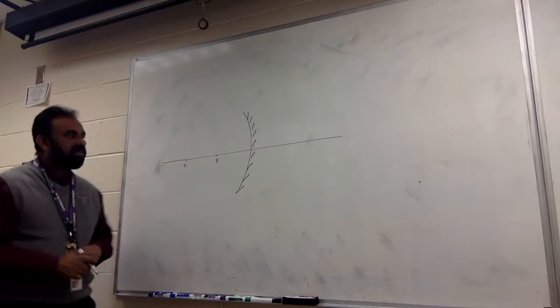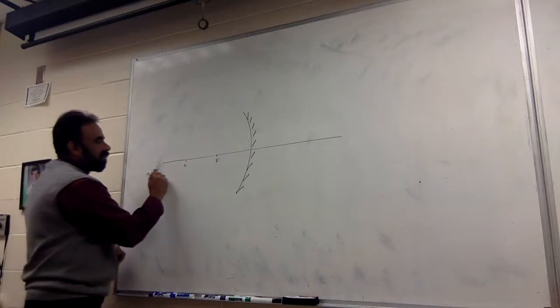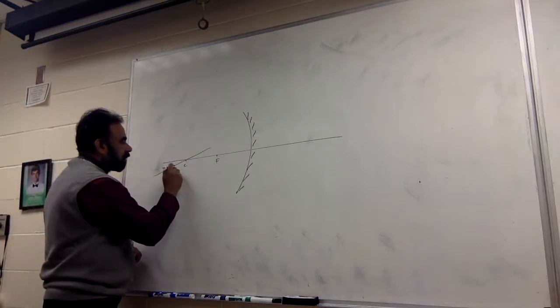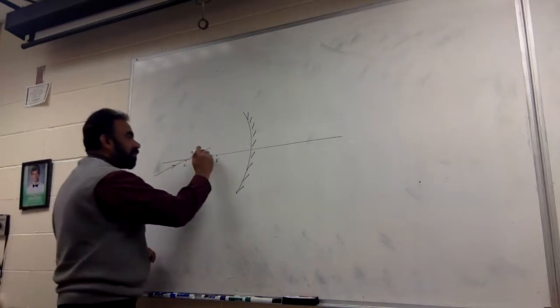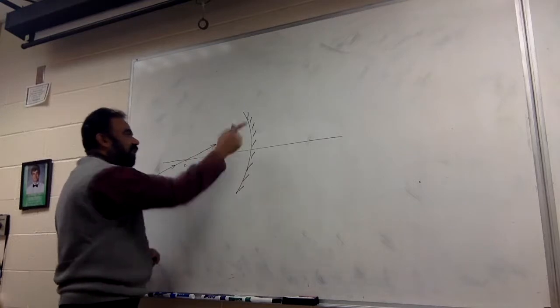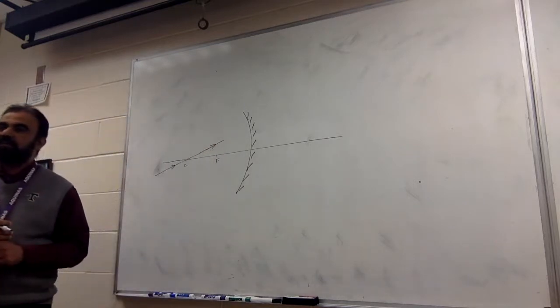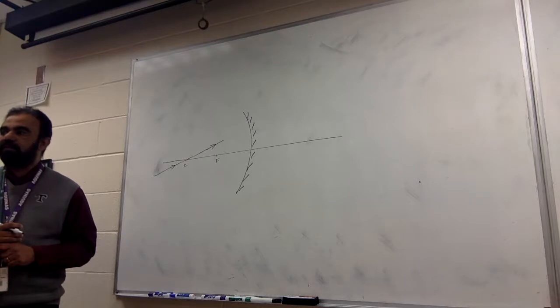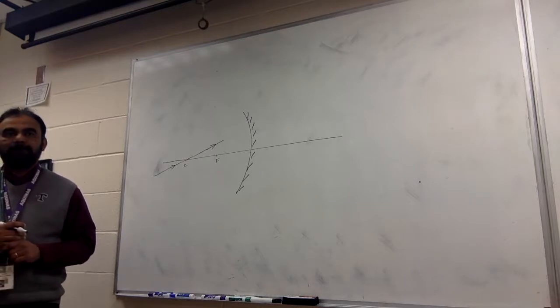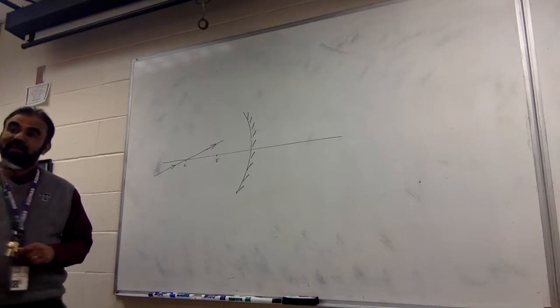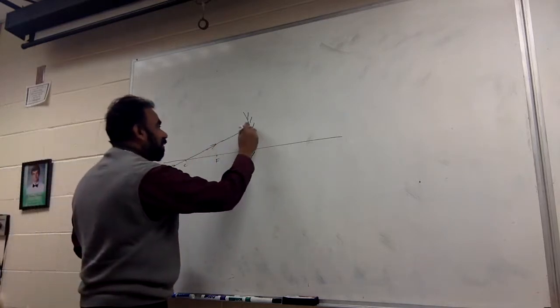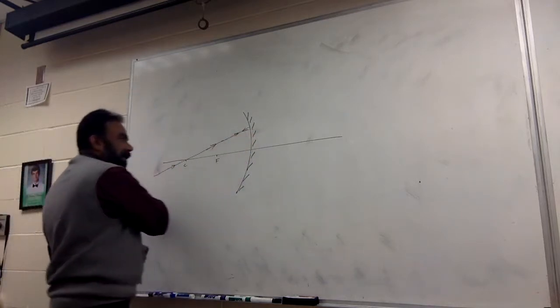Now, if a ray goes through the center of curvature, what will happen to that ray after hitting the mirror? It will come back along the same path. See? Goes back.